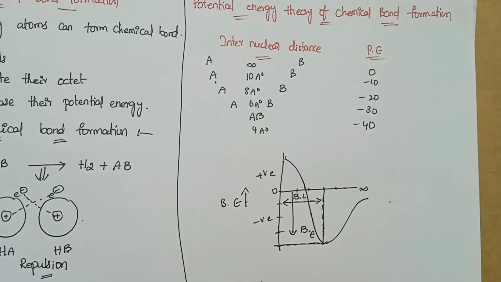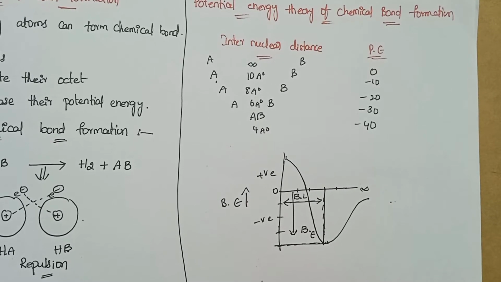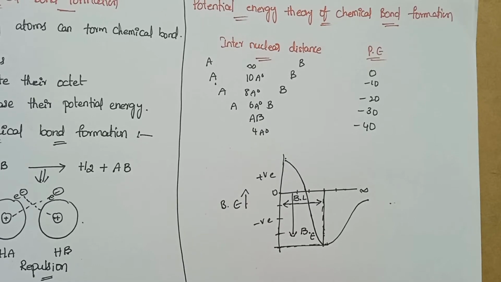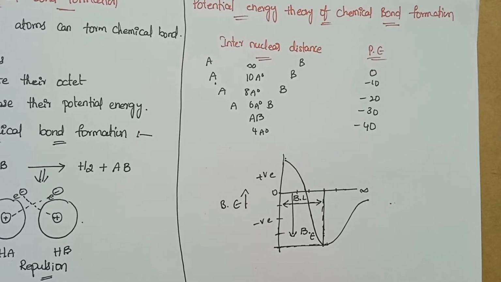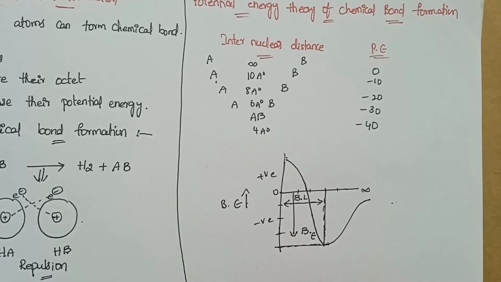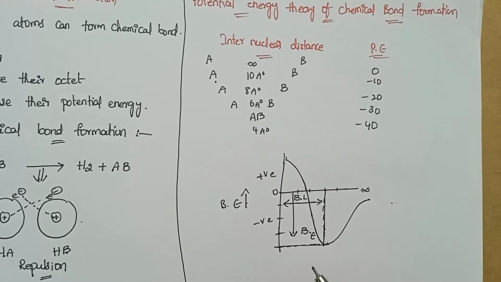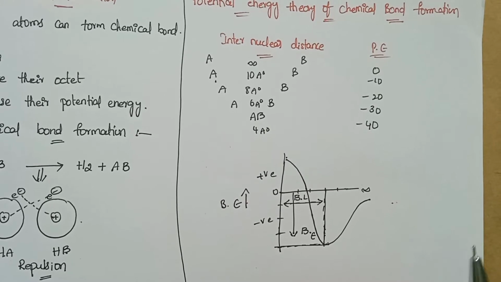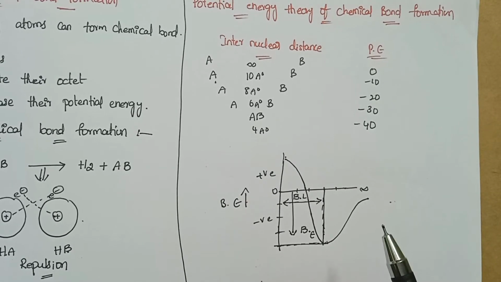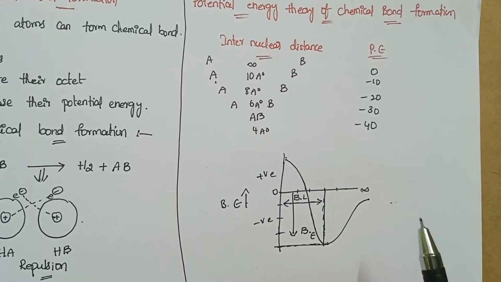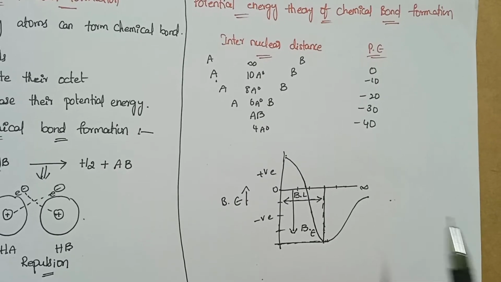The internuclear distance where the chemical bond is formed is known as bond length. What is bond energy? The negative potential energy where the chemical bond is formed is the bond energy.